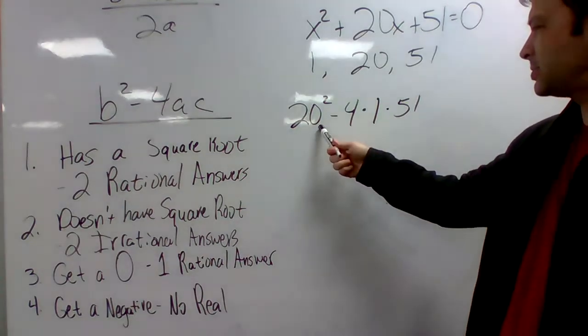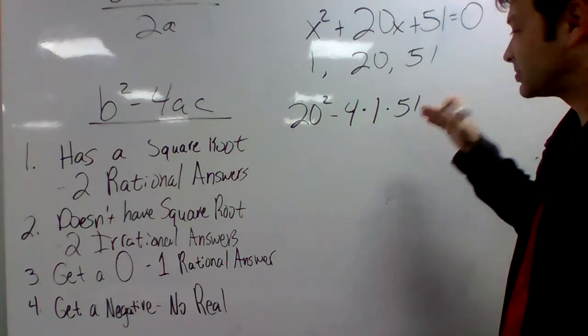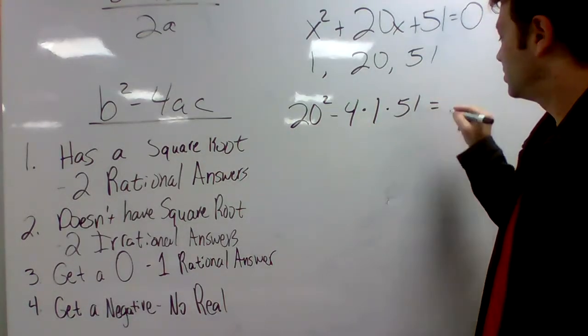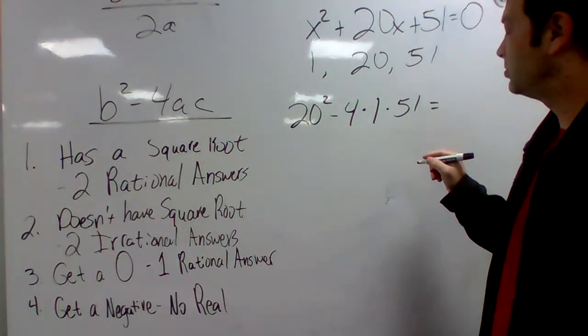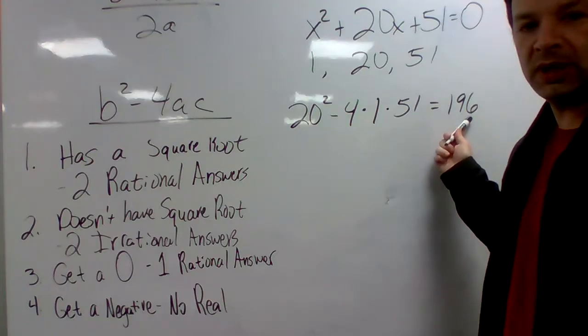Let's work that out. 400 minus 204 would be 196. Okay, we got 196.